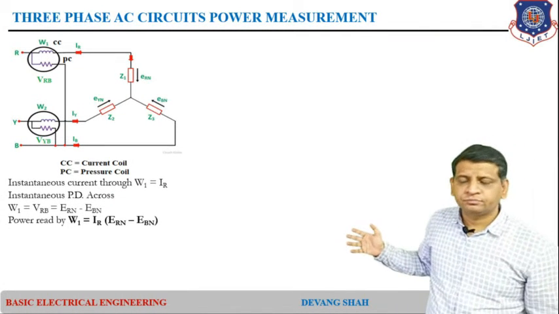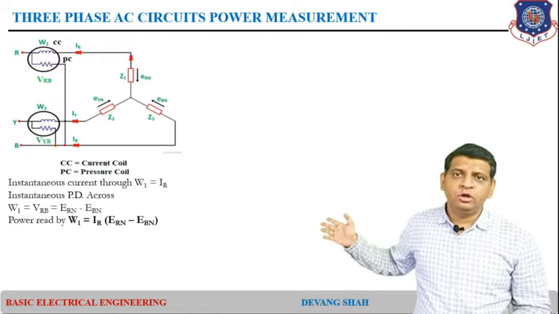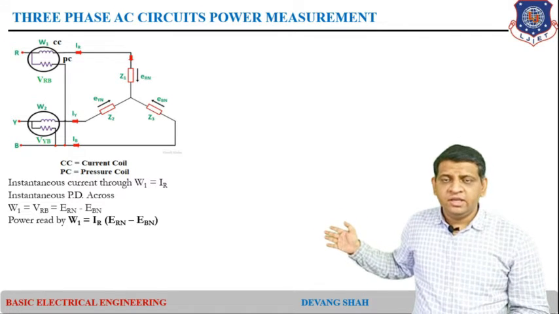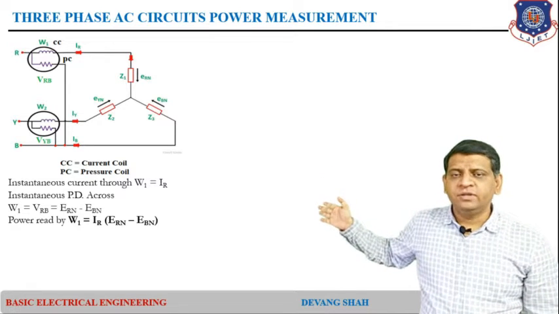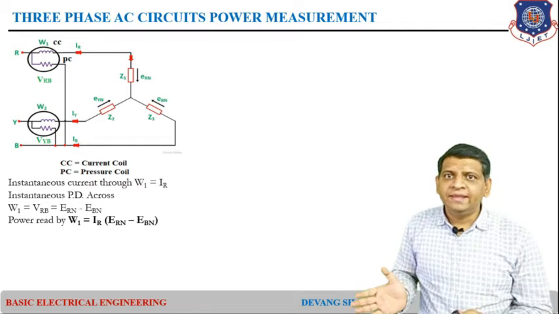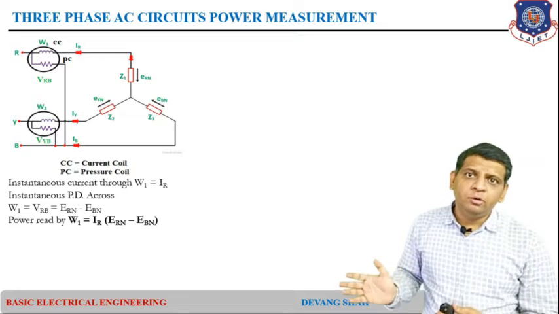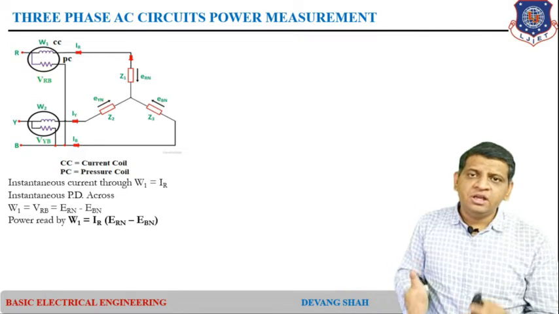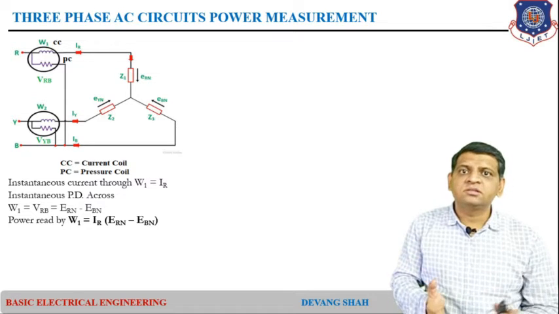Here you can see the current passing through W1 is IR and the voltage across W1 is VRB. From this I can write the wattmeter reading W1 equal to IR into VRB. In another sense, you can also write W1 is equal to IR into VRB, which is equal to IR in bracket ERN minus EBN.